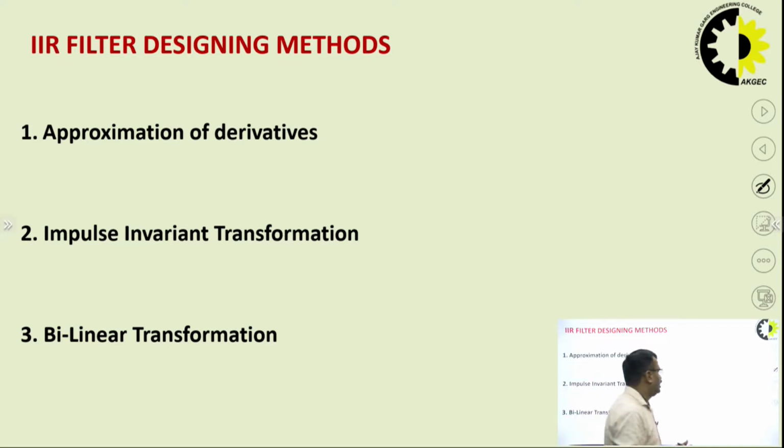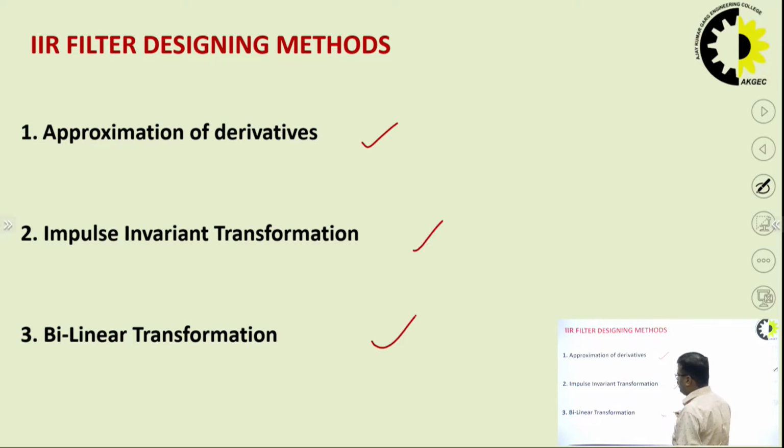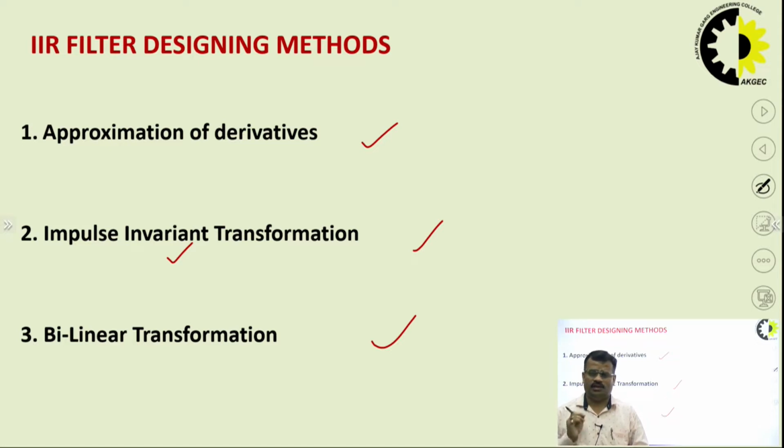Mainly 3 methods are there: approximation of derivative, impulse invariant transformation and bilinear transformation. In this lecture I will tell you about the impulse invariant transformation method, by which you can design an IIR digital filter.